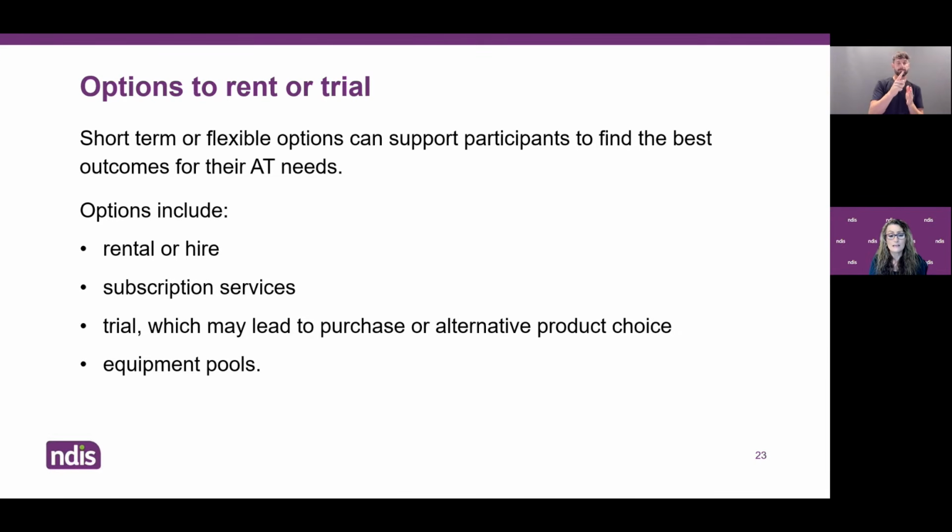For example, we may consider that renting AT is better value for money for a child, where the child is likely to outgrow the technology within a short period of time, or for participants with degenerative conditions that change rapidly.